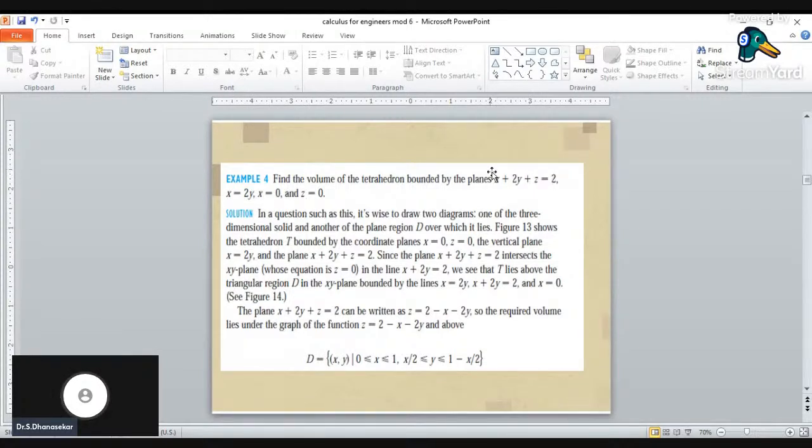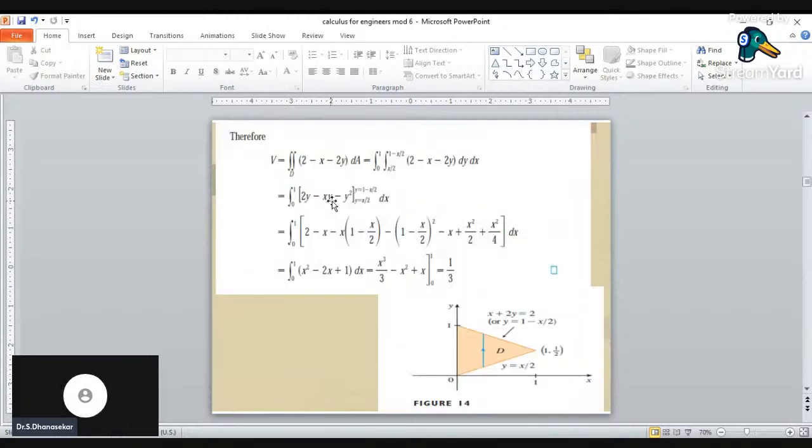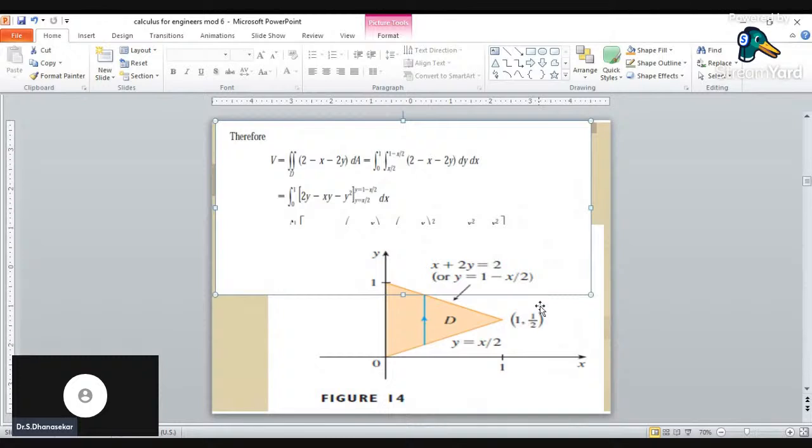I will write this equation as z equal to 2 minus x minus 2y. If I put z equal to 0, this becomes x plus 2y equal to 2. So I have x plus 2y equal to 2, x equal to 2y, x equal to 0, z equal to 0. If I draw that, the figure will look like this.